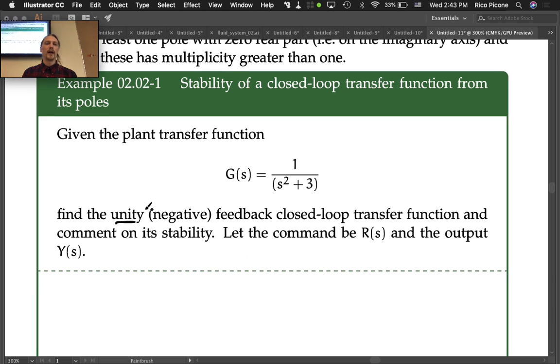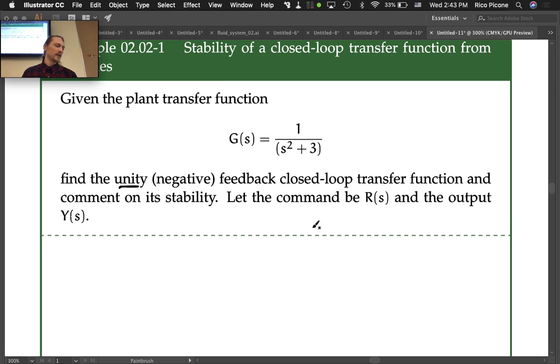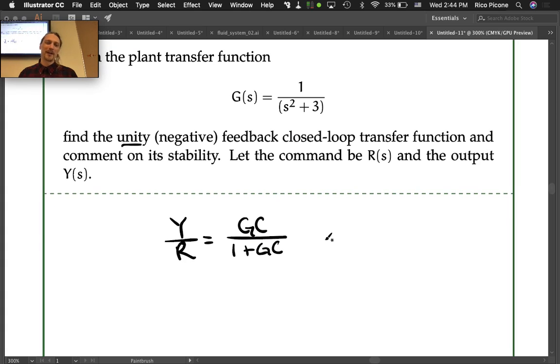So we want to find out if this is stable or not from the transfer function. This is our plant transfer function. Let's look at the closed loop transfer function, Y over R, which is GC over 1 plus GC. And that was what we derived last time, right?